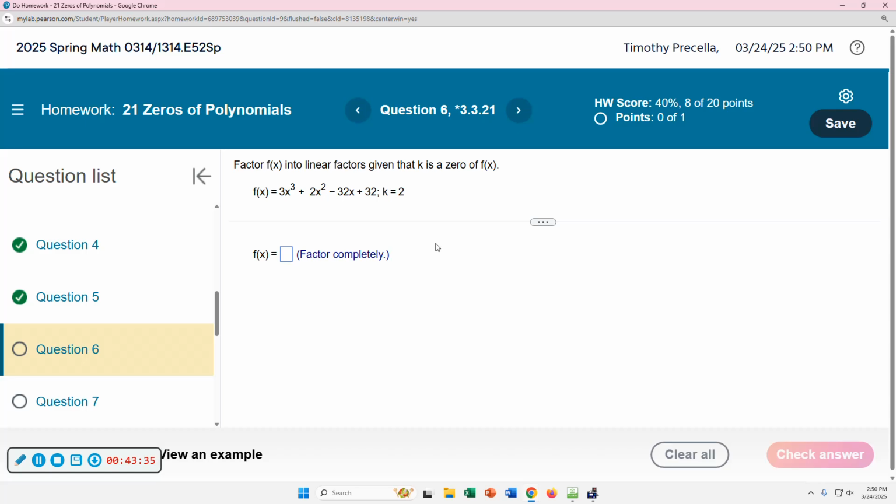We have f of x equals 3x cubed plus 2x squared minus 32x plus 32. And they tell us k equals 2 is a 0. So they're giving you one little piece of information. They're telling you a 0.